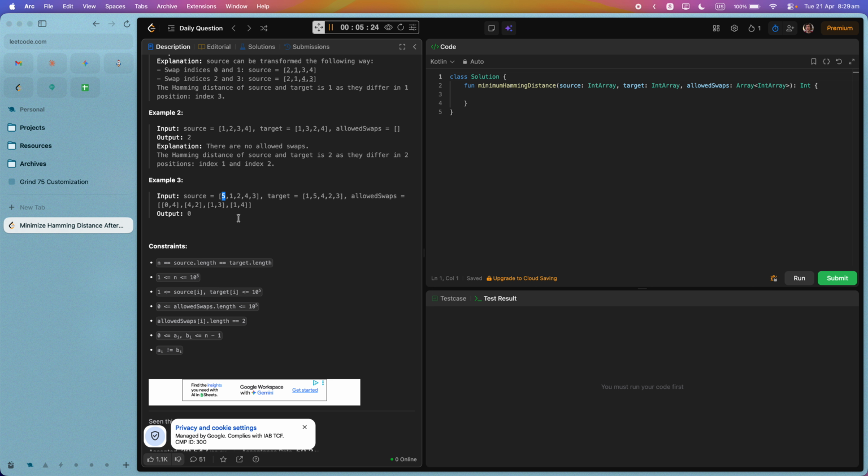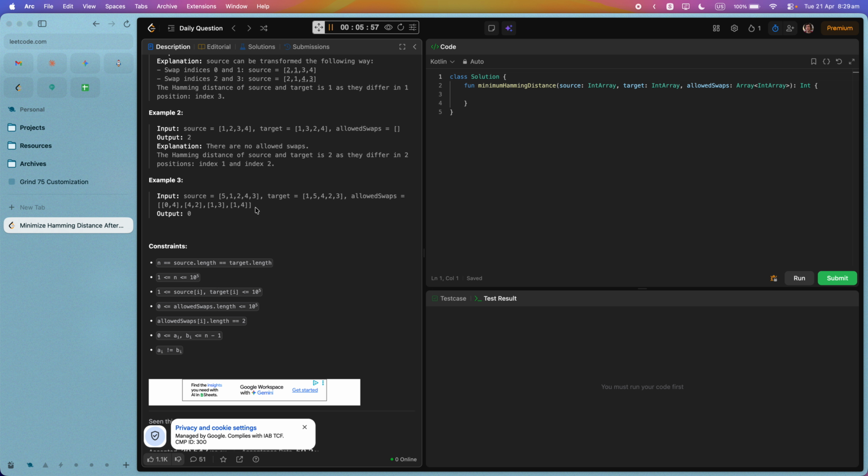So how can I do that? I need to find if any index... This looks like a graph problem, I don't know. I'm going to struggle with this problem. I don't think it's going to be that easy.